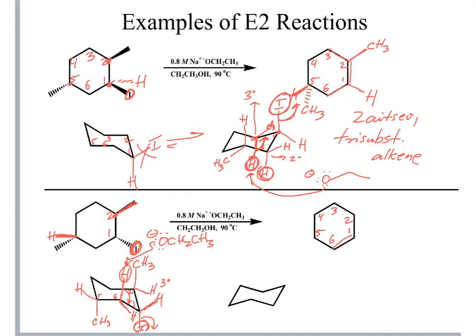At carbon number 2, I have a methyl group pointing up. That carbon is still sp3 hybridized, and therefore we use the wedged bond, so the orientation pointing up does not change. The leaving group at carbon number 1 is gone. I only have a hydrogen atom. Carbon number 6 has 2 hydrogen atoms.